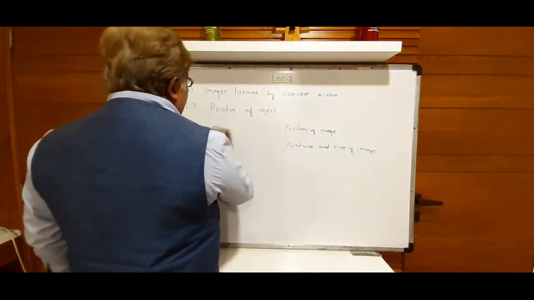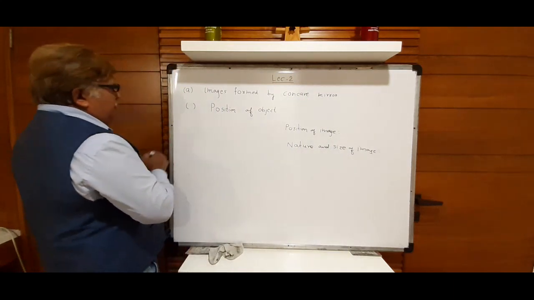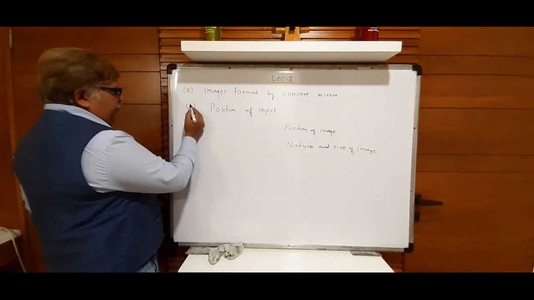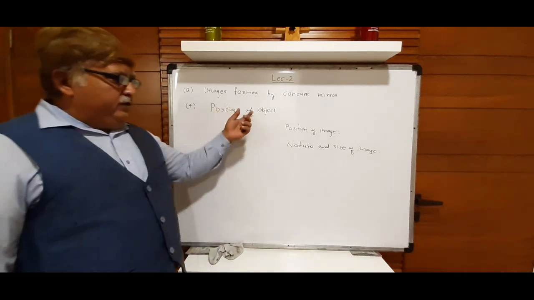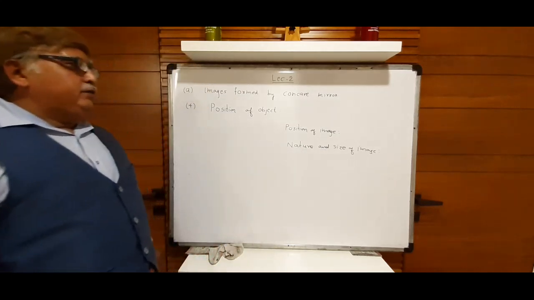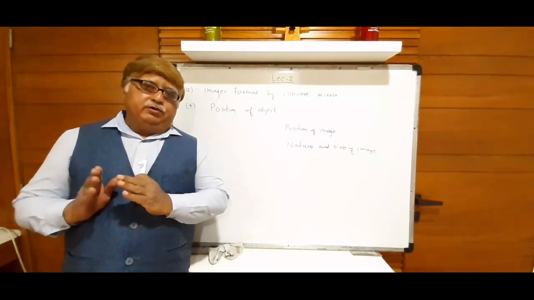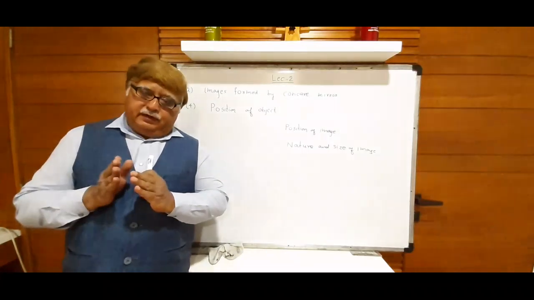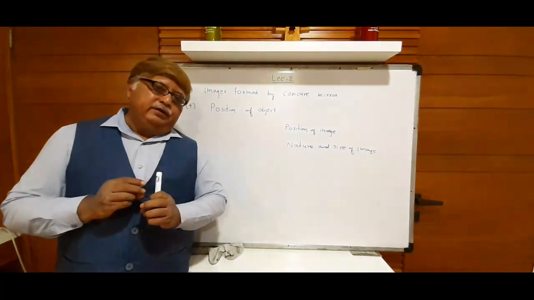Note down everything, position of object. This is our diagram number 4. First you note down each and every point I have written. First you write position of object, position of image, nature and size of image. In the first one, the object was at infinity, then away from center of curvature, then at center of curvature.